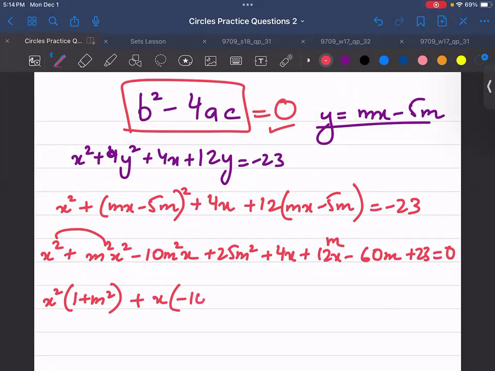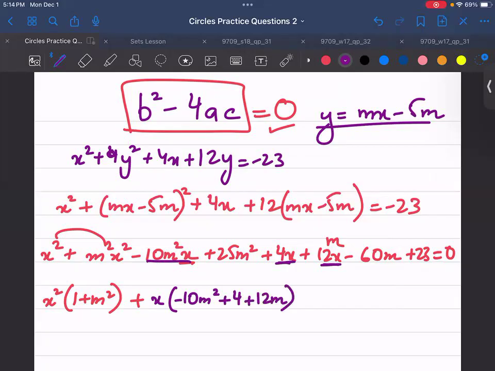It is always better if we list the terms together. This is an x term, this is an x term, this is an x term, right? So if I take x common, I will get minus 10m squared plus 4 plus 12m.